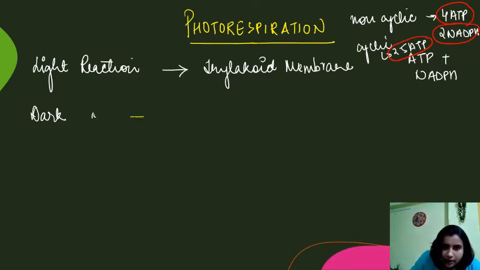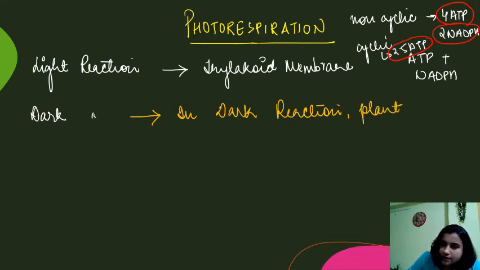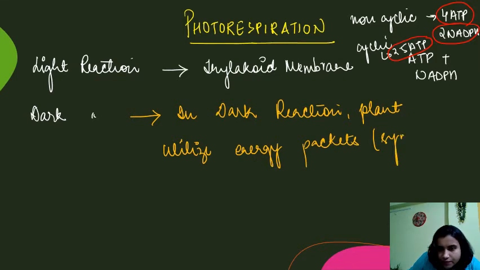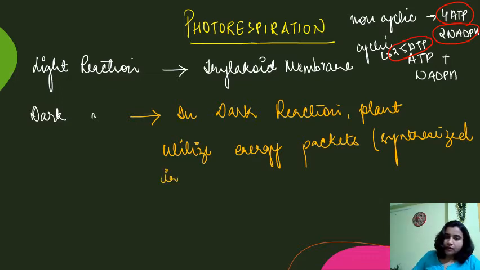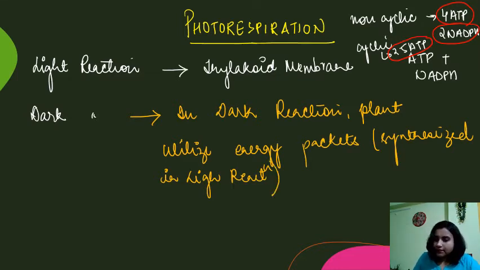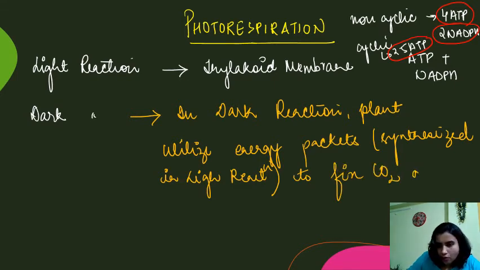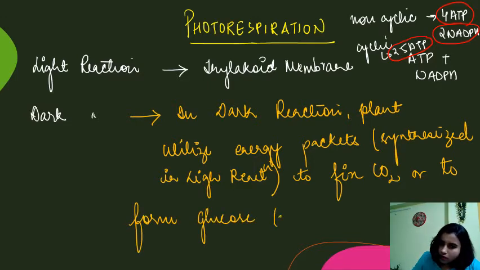Let me write here. In dark reactions, the plant utilizes energy packets synthesized in the light reaction to fix carbon dioxide or to form glucose, which we also call sugar.